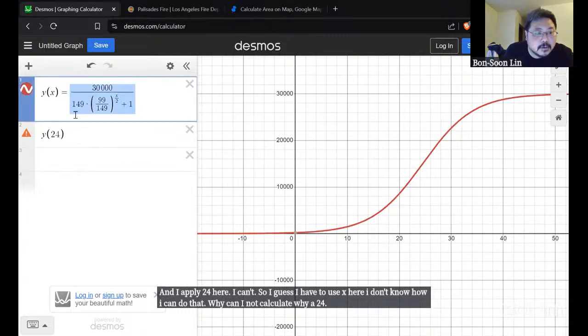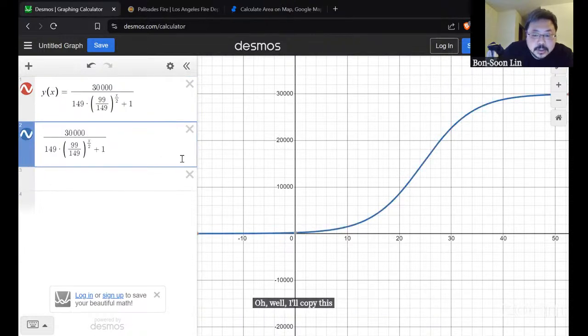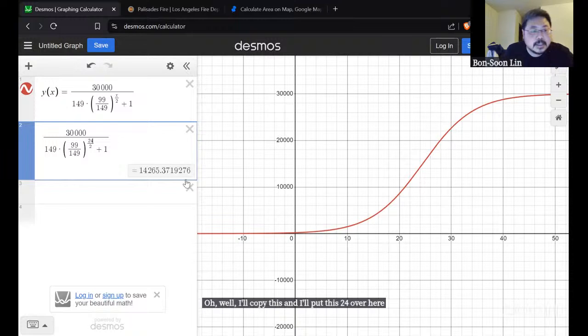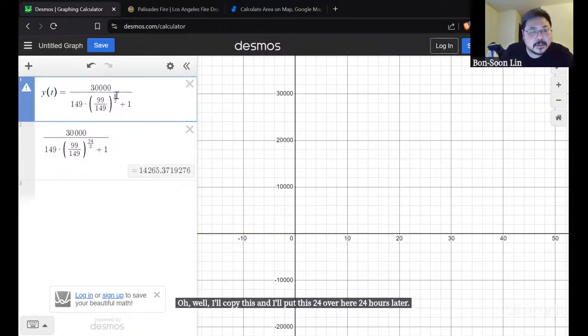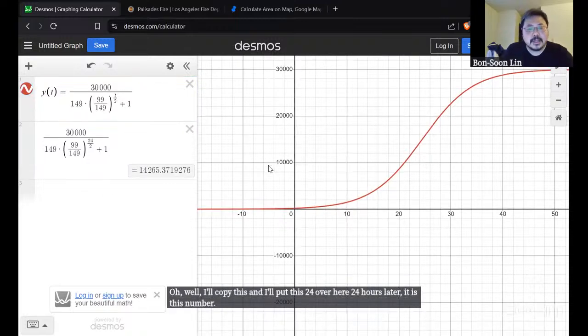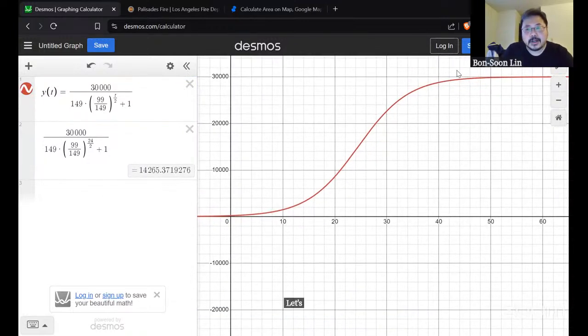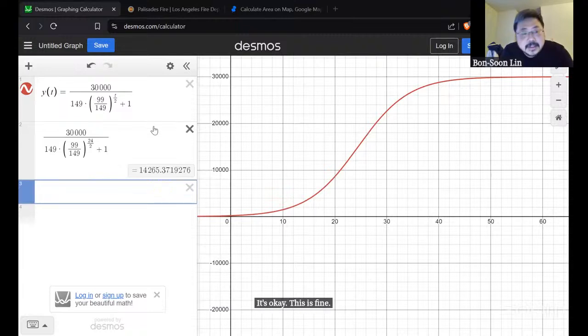Oh well, I'll copy this and I'll put this 24 over here. 24 hours later, it is this number. Let's copy this into our notes. Oh, x equals 24. Oh, it's okay. This is fine. So let me copy this.